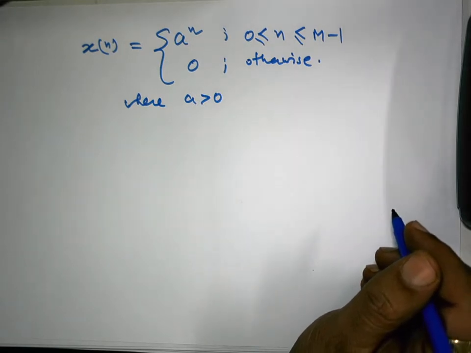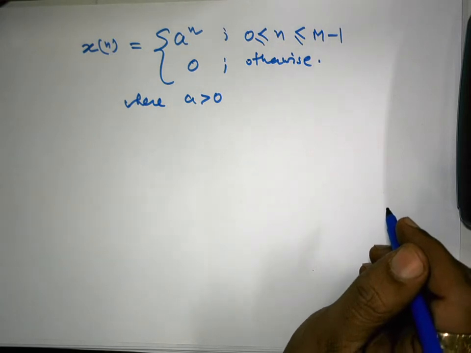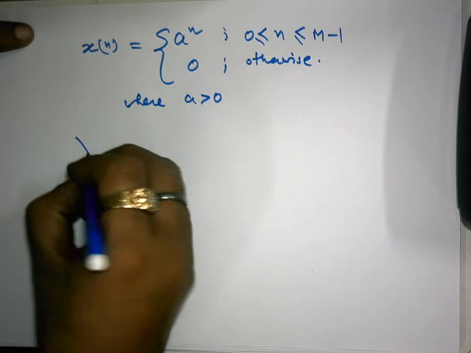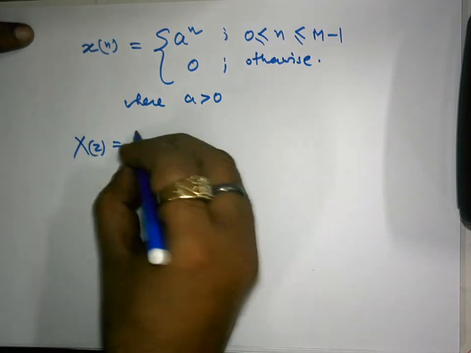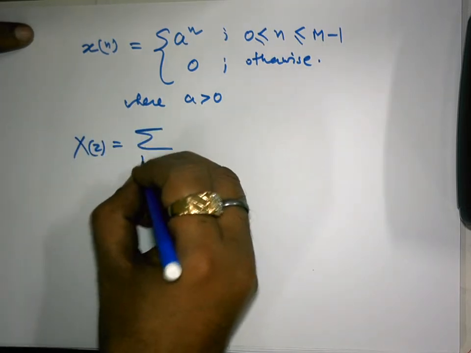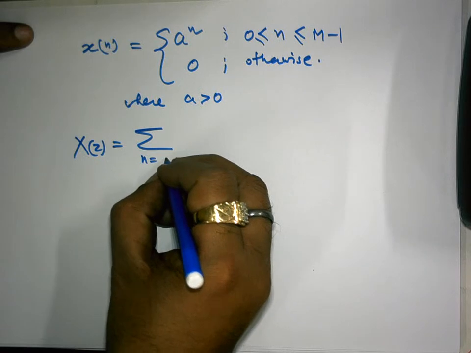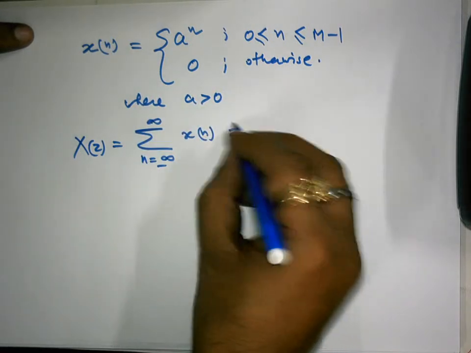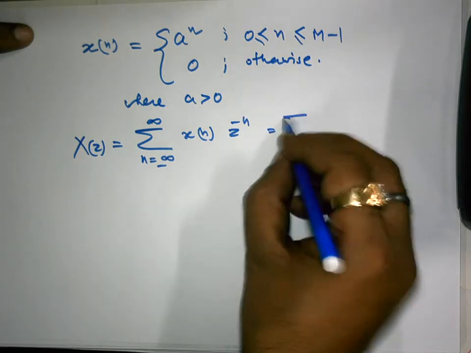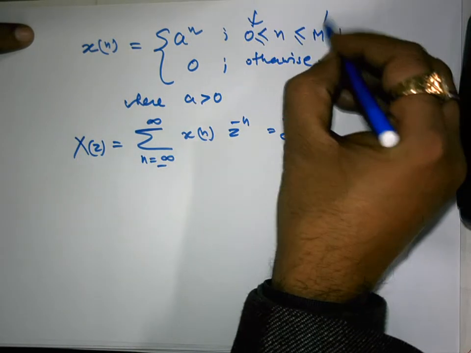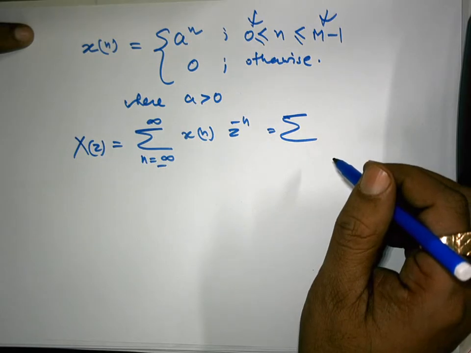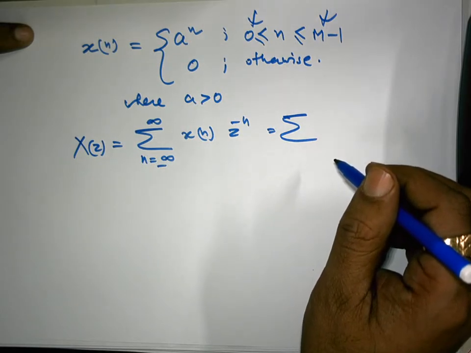So, to determine the pole-zero plot, what we need to determine first is the Z transform. So, X(z), by definition, is equal to summation n equals minus infinity to infinity x[n] z to the power minus n. But here the fruitful summation is only ranging between n equal to 0 to M minus 1, because this signal is 0 beyond this range.